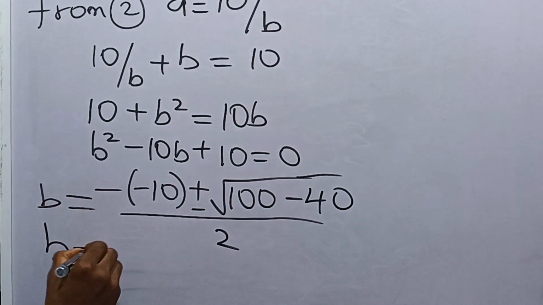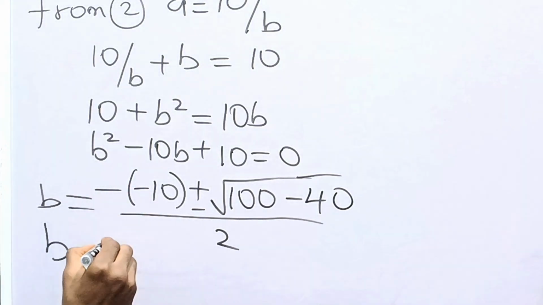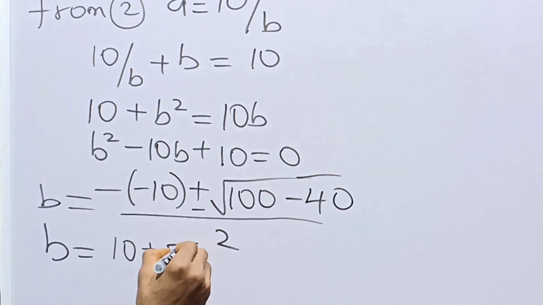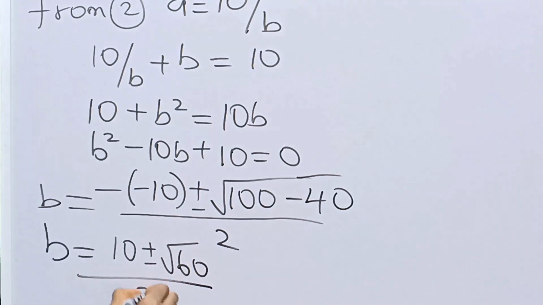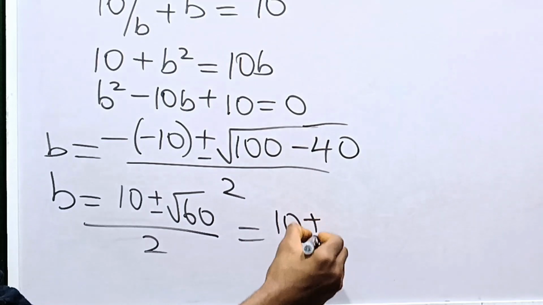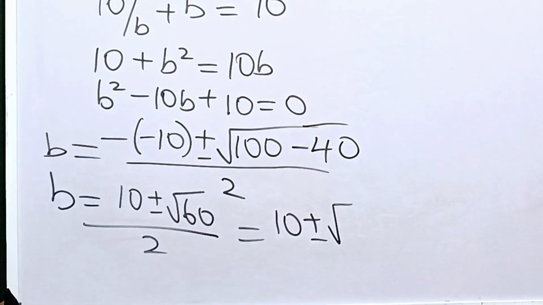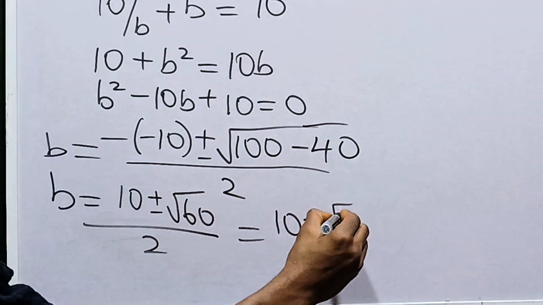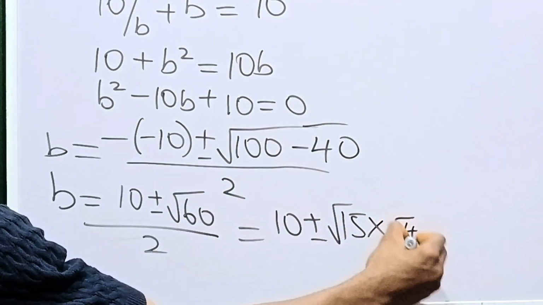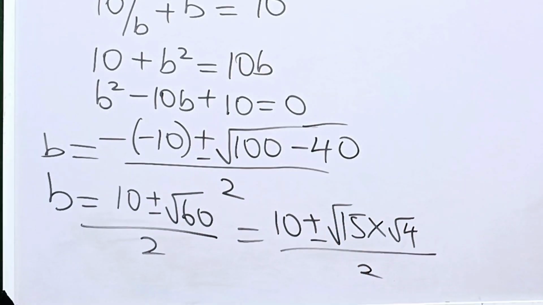Now b will be equal to 10 plus or minus root of 60 divided by 2, which is now equal to 10 plus or minus root of 15 times 4, so we have 15 times root of 4 divided by 2.